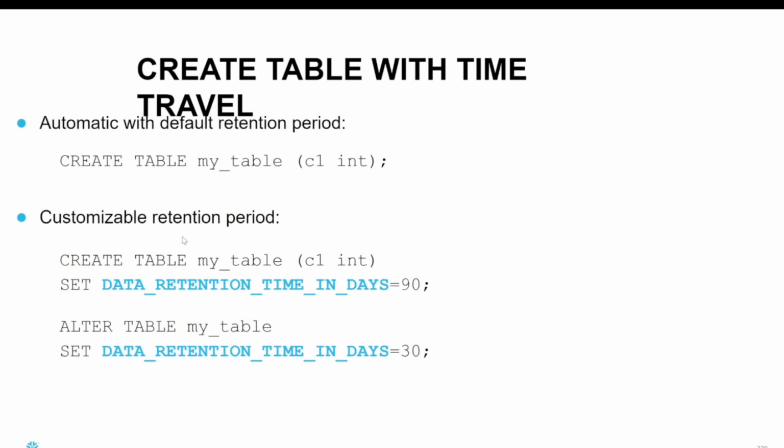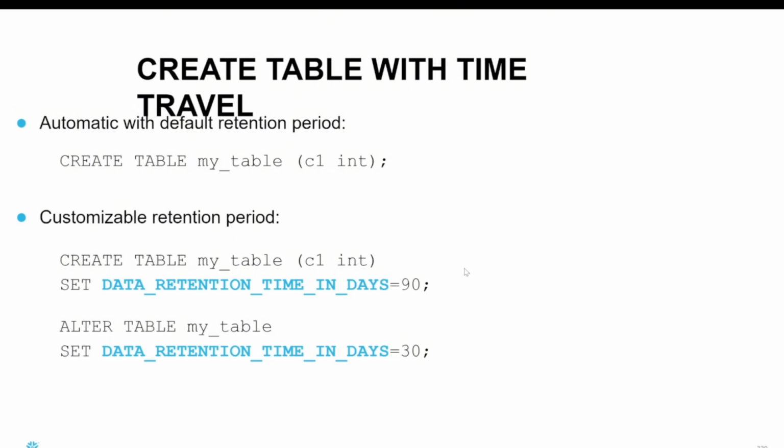But if you want to customize this retention period based on your own use case, you can apply it to a particular table. So let's say you want to create a table, my table, with a retention of 90 days. You just need to run the same command, create table, my table, with the column name, and you want to set the data retention time in days. This is the parameter you have to set to 90 days, right?